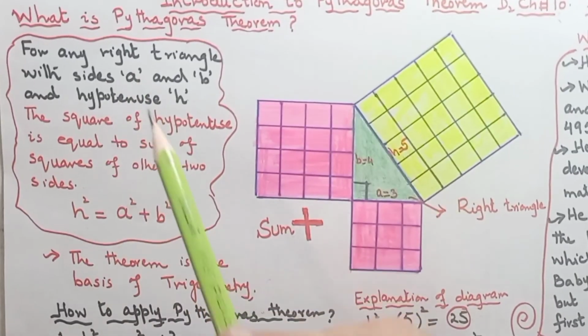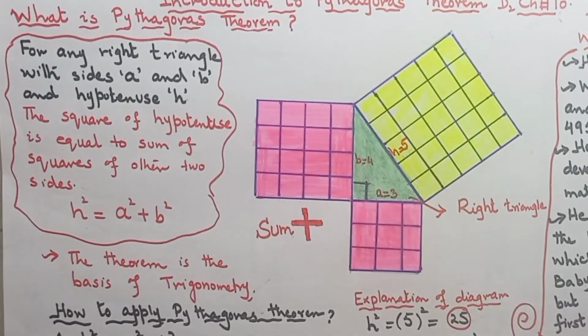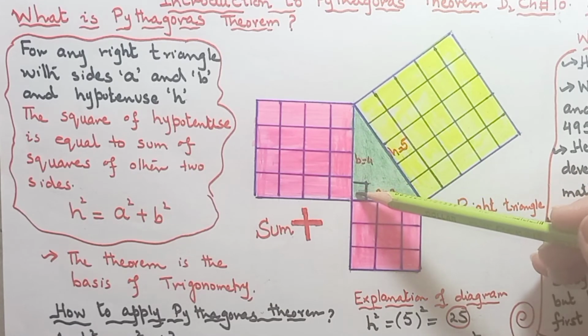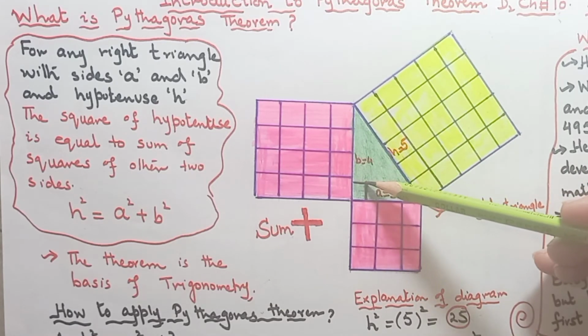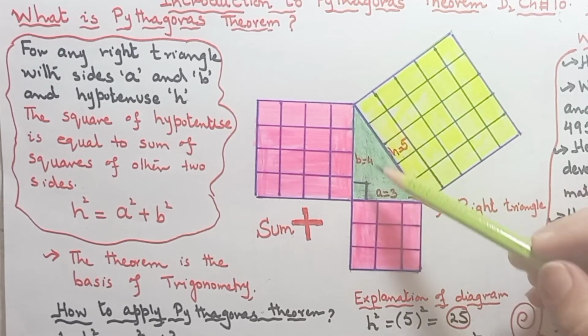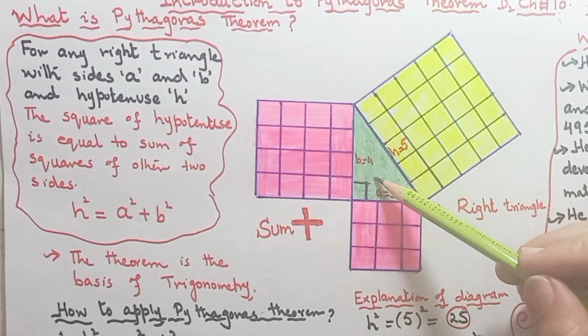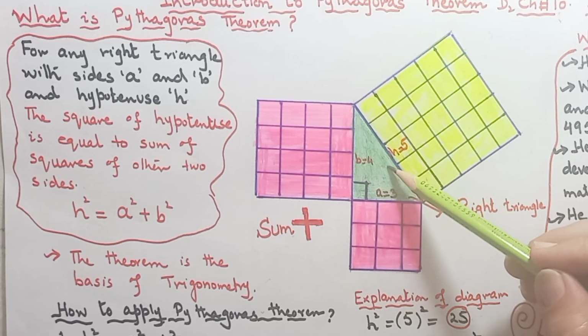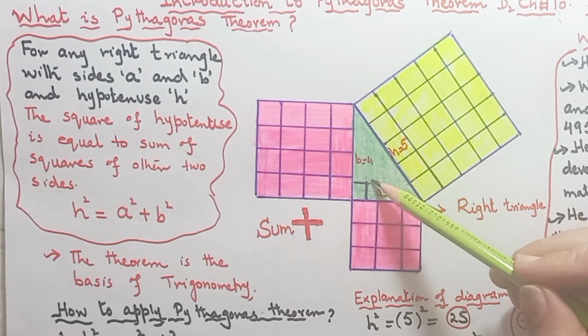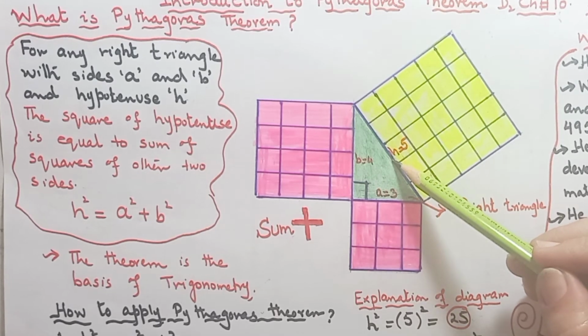For any right triangle, it's important to understand what a right angle triangle is. A right angle triangle is a triangle in which one of the angles is exactly 90 degrees and the remaining two angles are acute angles, and the side which is opposite to 90 degrees is the longest side and it is called the hypotenuse of this triangle.